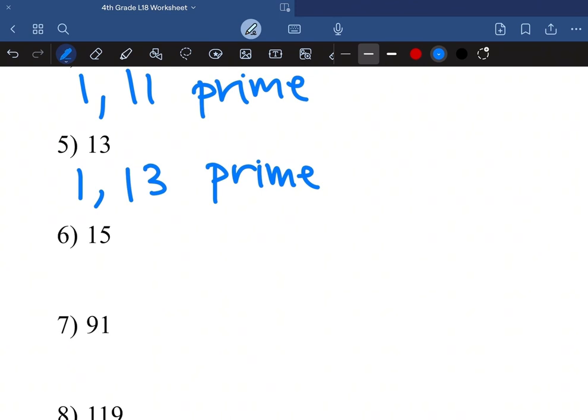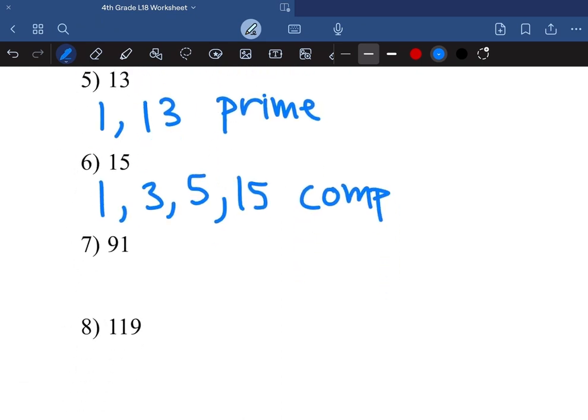Number 6, we have 15. The factors of 15 are 1, 3, 5, and 15. Since there are more than two factors, this is a composite number. Number 7, we have 91 with the factors of 1, 7, 13, and 91.